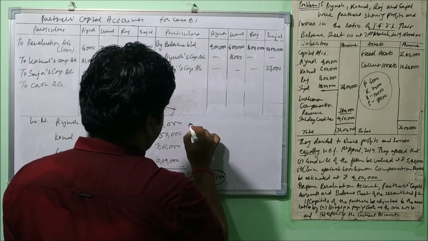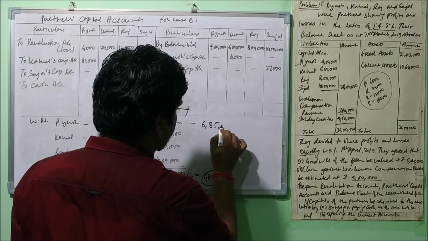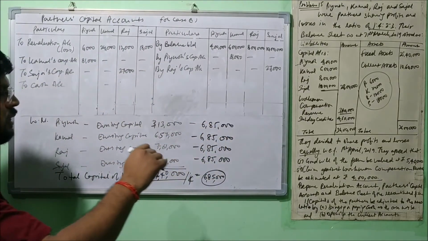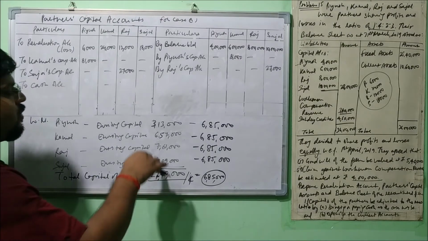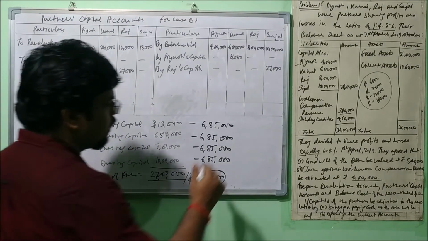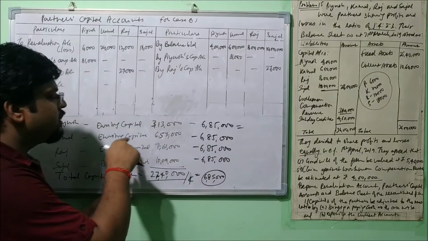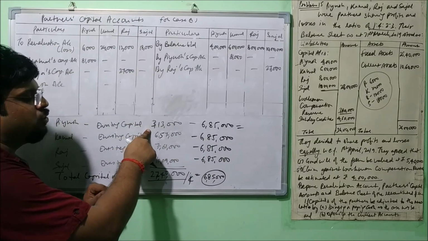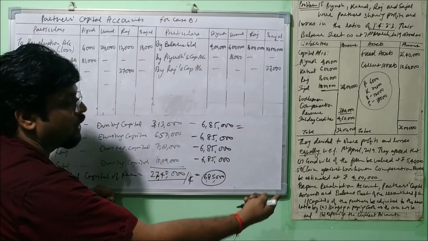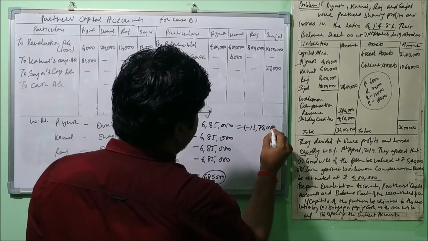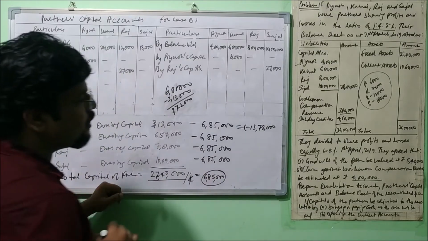But here the differences will be there. Now this new capital which they are supposed to keep in their new balance sheet will be compared with their existing capital. So Piyush is right now having 3,13,000, but he's supposed to keep 6,85,000. So the rest of the value he's supposed to bring. How much? Let's calculate that. He's supposed to bring 3,72,000.